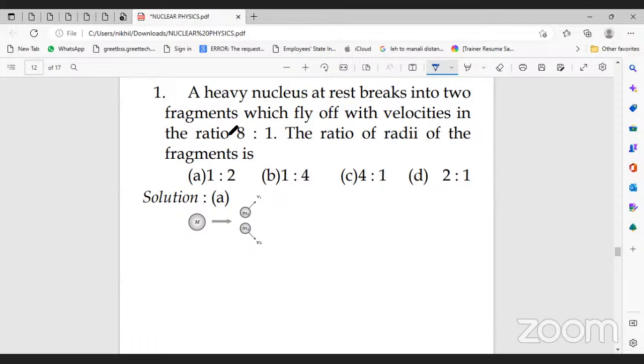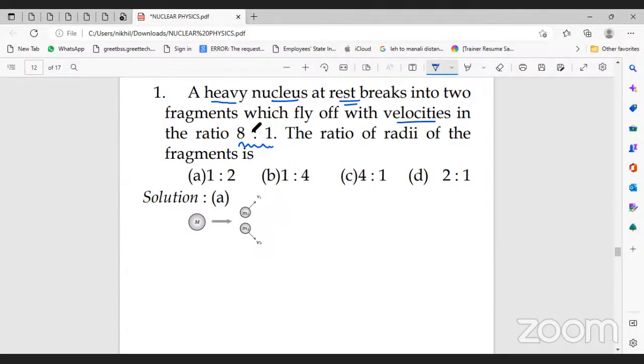Look at this. A heavy nucleus at rest breaks into two fragments whose velocities are in the ratio 8:1. What is the ratio of the radii of the fragments? Actually, students, this problem was asked recently, two days before the JEE exam. Same concept.